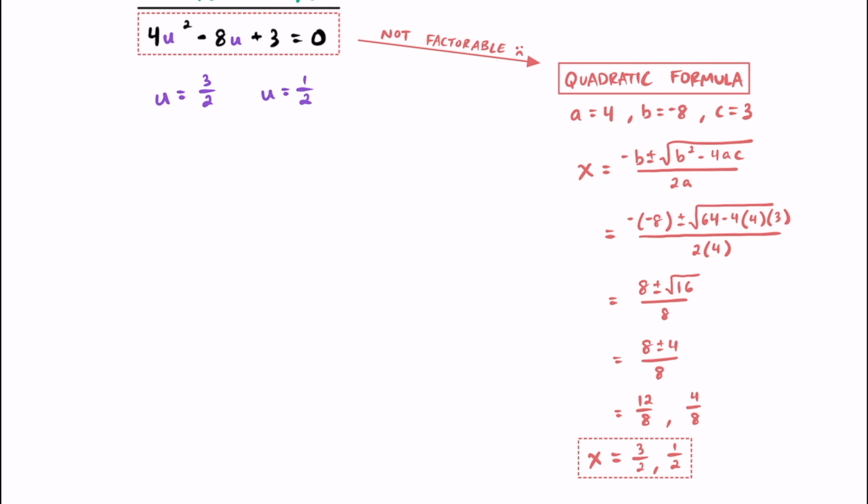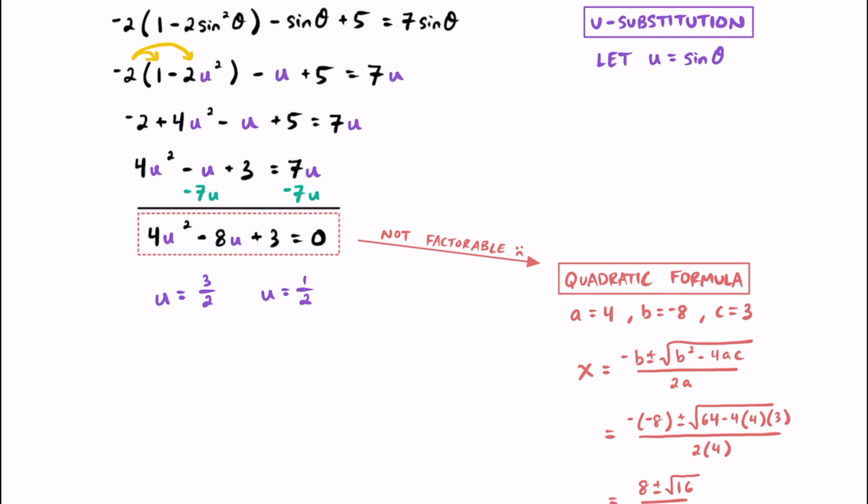Now it's important to think back, what did we actually use this u to represent? This u in each of these scenarios is representing sine of theta. So let's make that substitution back. First, sine of theta is equal to this ratio of 3 to 2, and then sine of theta is also equal to this ratio of 1 to 2.